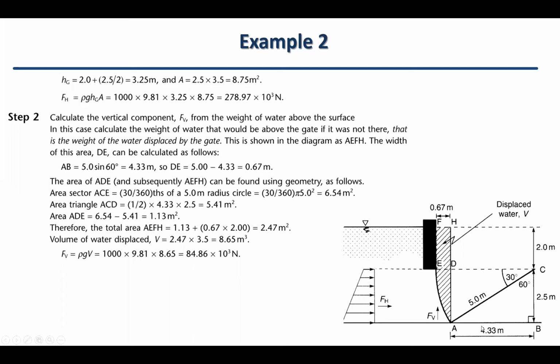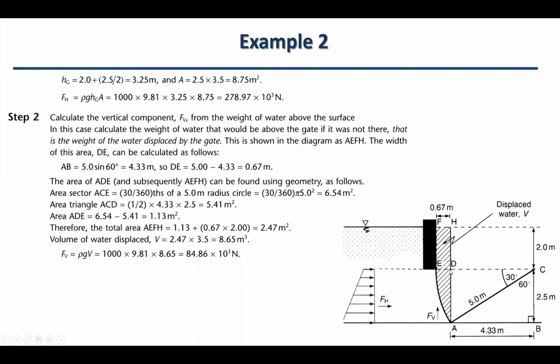So see how we can calculate AB. Based on trigonometry from this triangle, the hypotenuse 5 times sine 60 degrees, which is equal to 4.33, is AB. If you take AB away from EC, which is 5 meters, the radius, 5 meters minus 4.33 is equal to 0.67 meters.